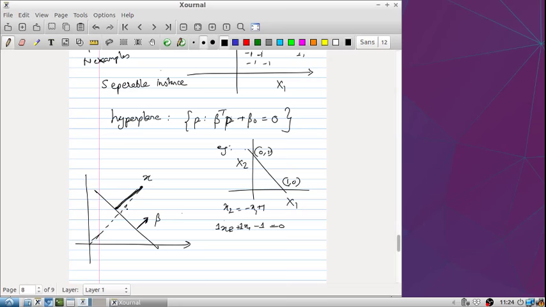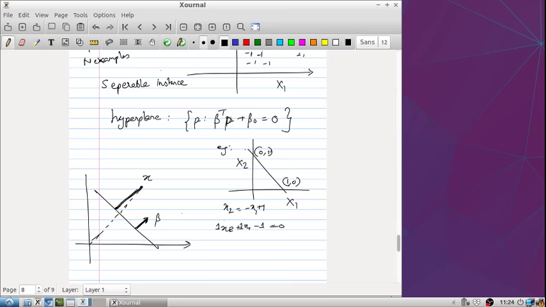These two directions, these darker lines, are the same direction. So beta vector is just saying what is the normal to the hyperplane.